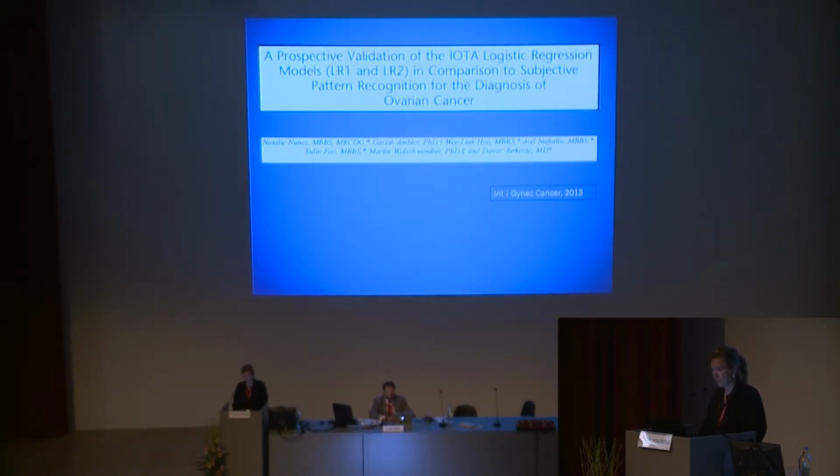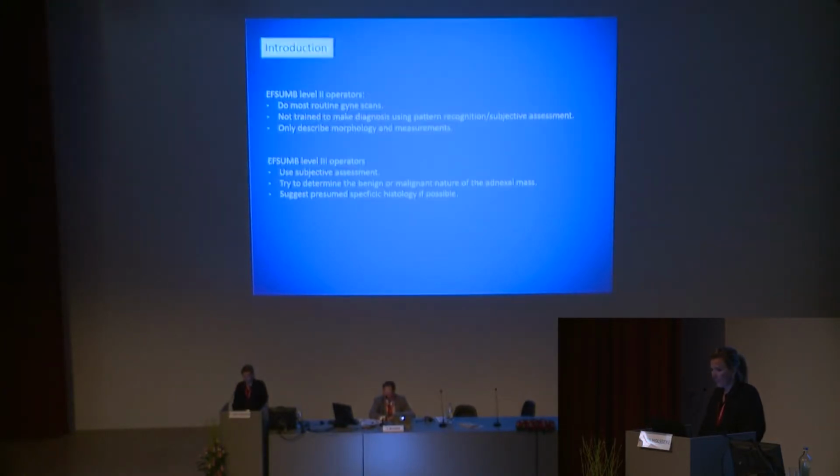And the first one is a study from Nunes, published in 2013. The patients were analyzed by level 2 operators, which are mainly doing the routine gynae scans and just describing the measurements and the morphological variables, and level 3 operators, which also are capable of discriminating between the benign and malignant character and even try to presume a specific histology.